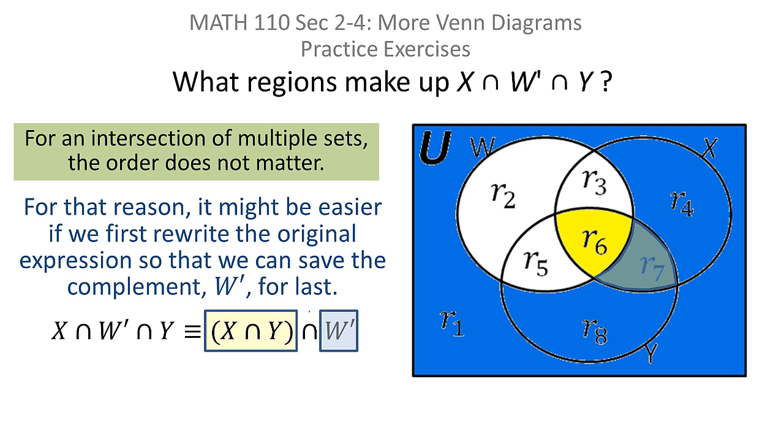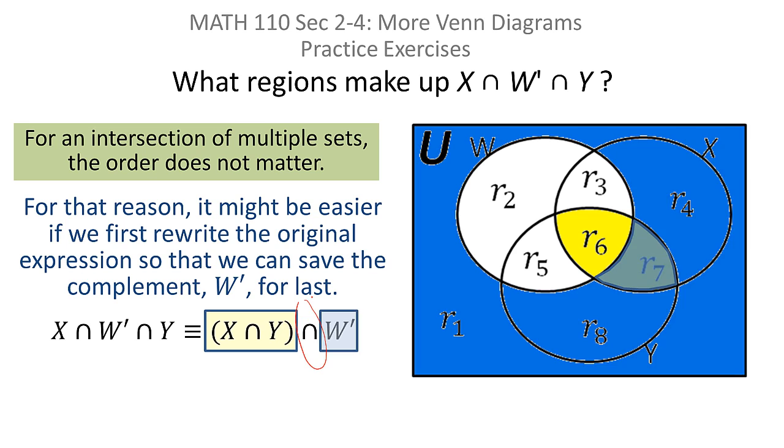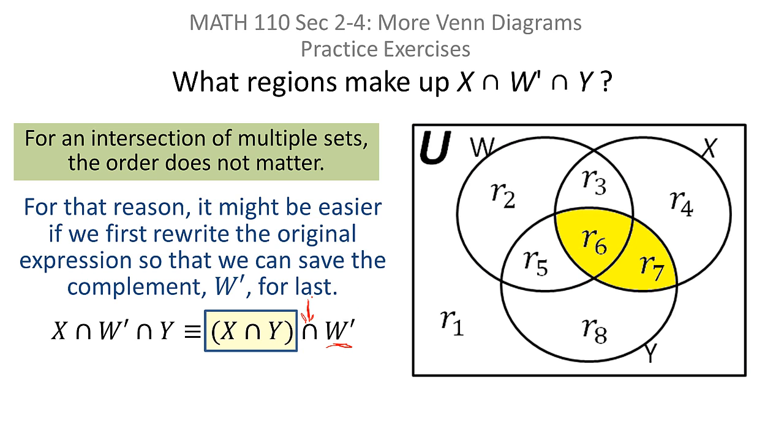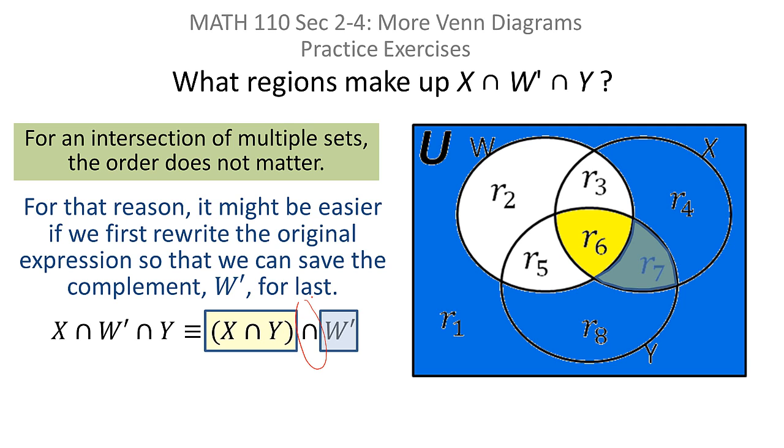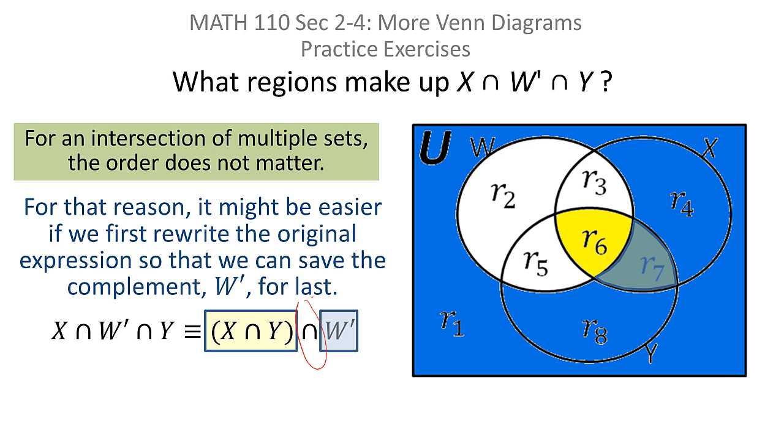And remember, intersection means the overlapping part. And I can sort of push this back and forth so you can see. I think you can see that R sub 7 is in the overlapping region between the yellow and the dark blue.